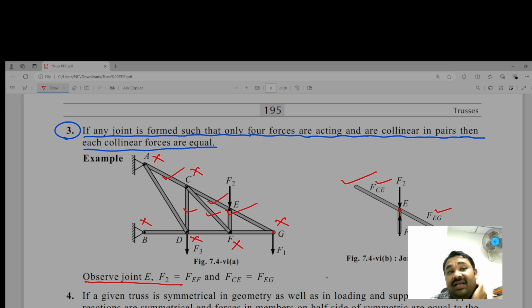Here we are not saying that any member will be a zero force member. What we are saying is that there are two pairs of collinear forces, and each pair will have equal magnitude, and the magnitude may be any magnitude.